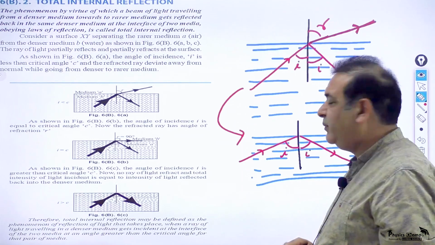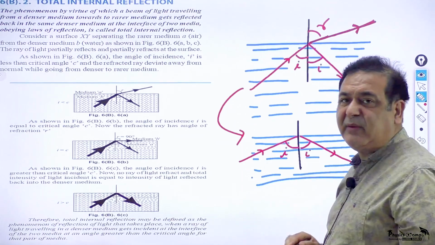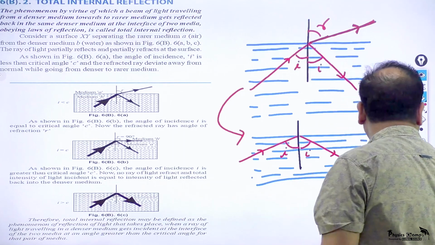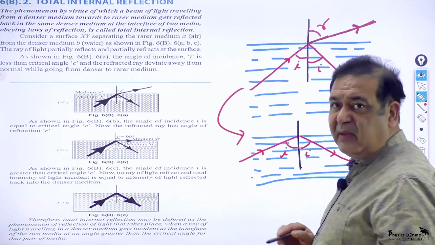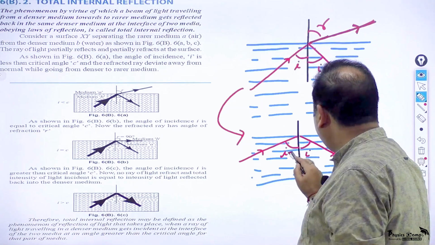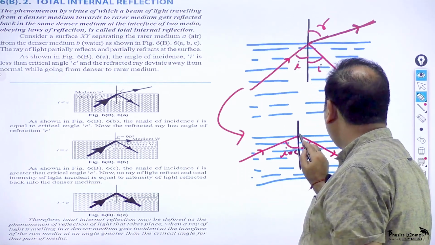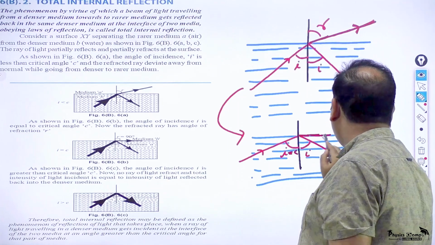But on increasing the angle of incidence, at one particular angle of incidence, which will be called the critical angle, we will observe that the angle of refraction has reached 90 degrees.